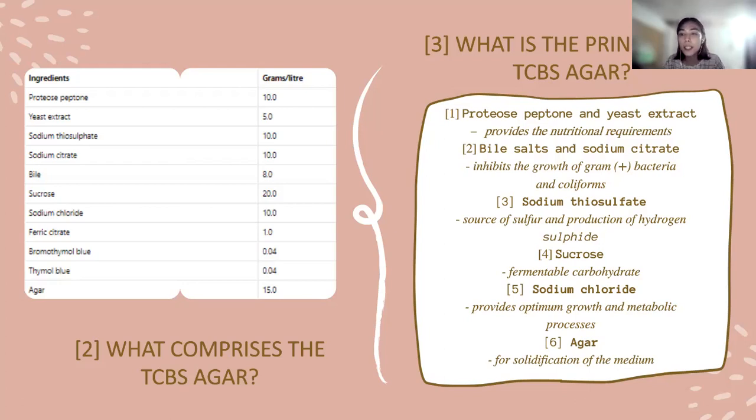So on the 4th spot, we have sucrose. Sucrose is the fermentable carbohydrate. We know that fermentation is part of our metabolic processes.